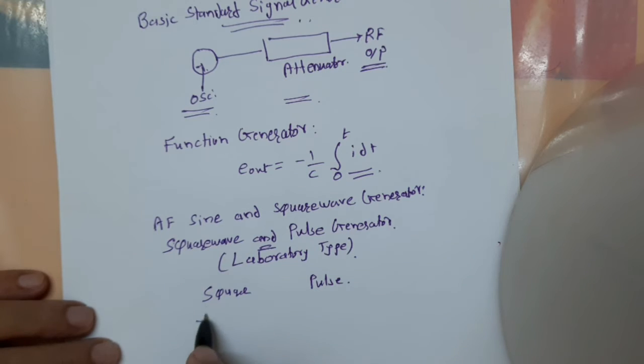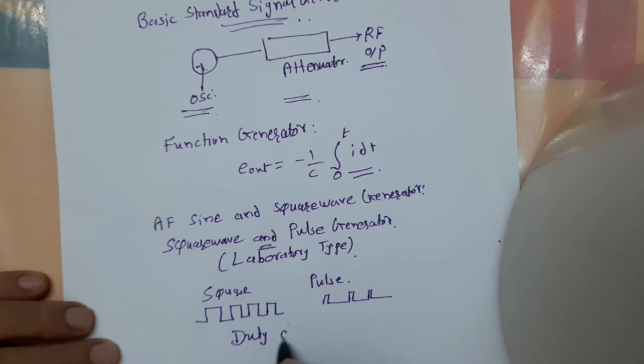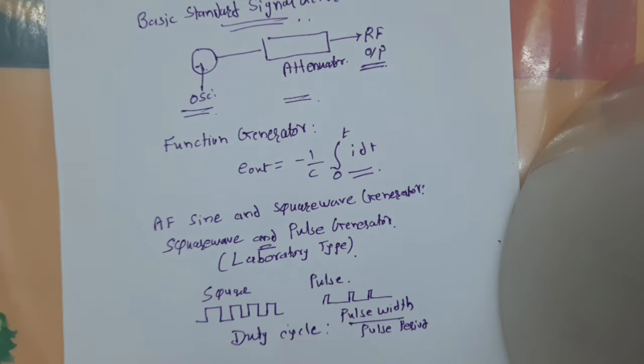The difference is, this is your square wave, T1 is equal to T2, and this is your pulse wave, T1 is not equal to T2. That means it depends upon the duty cycle, which is defined as pulse width divided by pulse period, that means periodic time T. Here, this is your T, this is your T1, this is your T2.